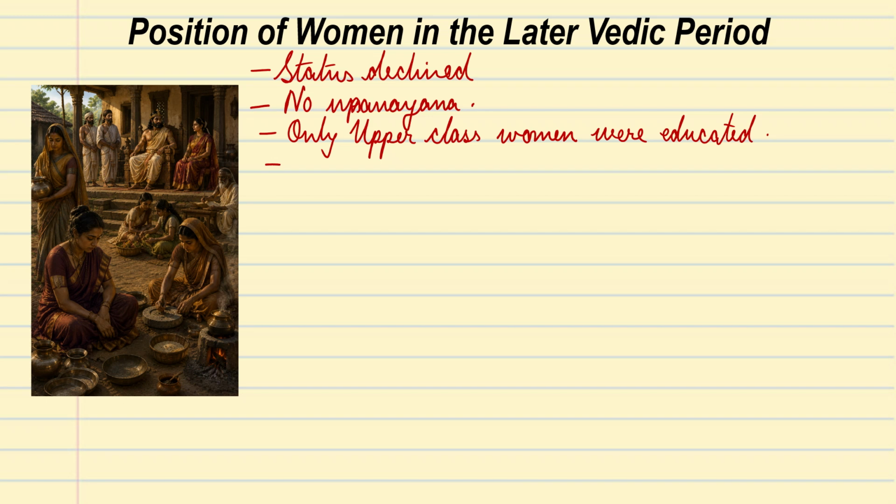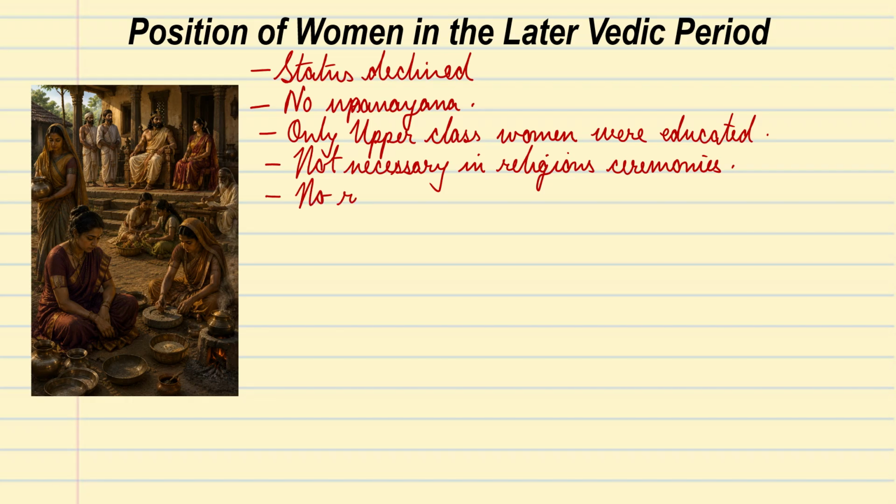Their participation in yajnas and religious rituals was no longer considered necessary. During the early Vedic period, no religious ceremony could be done without a wife or woman. But here, women were not necessary in religious ceremonies. That was how there was a decline in status.